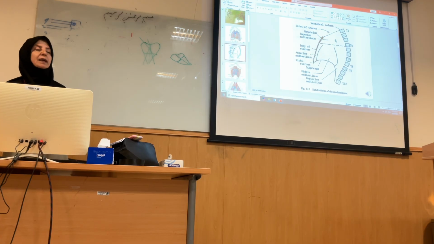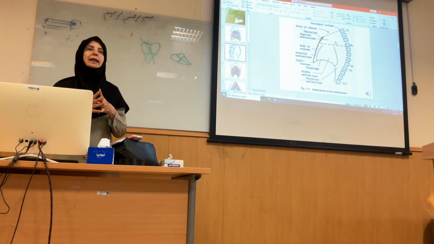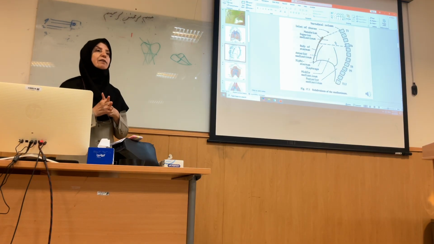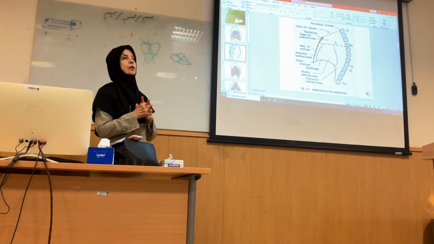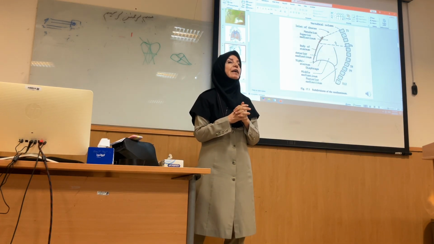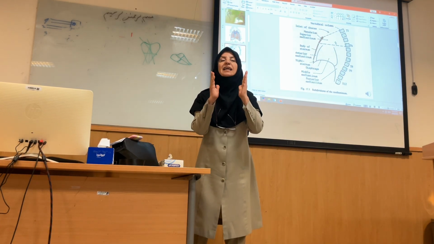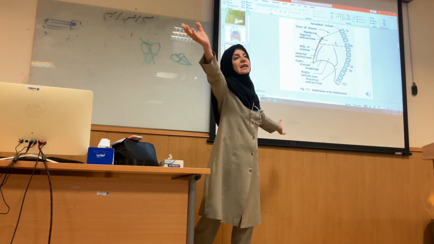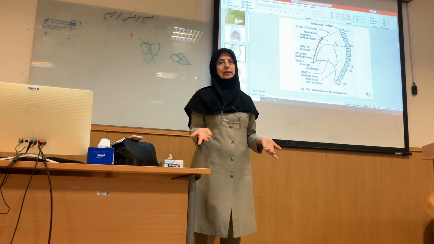I'm going to speak about the tenth cranial nerve, the vagus nerve. The accessory nerve is the 11th cranial nerve. Yes. What is the name of the tenth cranial nerve? Vagus. Why is it important? Do you know why? Because it is the longest cranial nerve in our body.